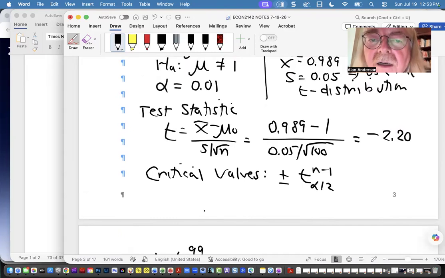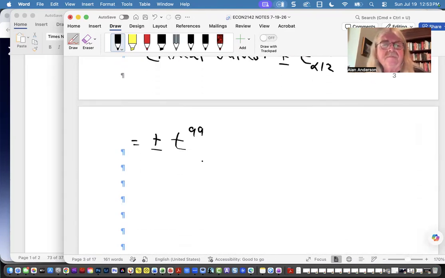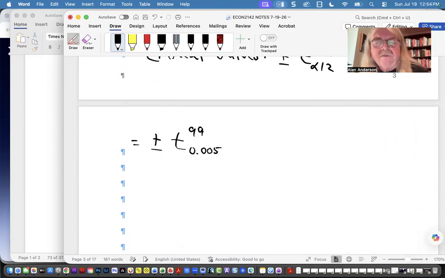Also, don't forget, in this case, alpha is 0.01. We usually don't see that. It's usually 0.05, but we have to always read that very carefully because it could be 5%, 10%, or 1%. All right, now, of course, this we have to look up in the calculator.